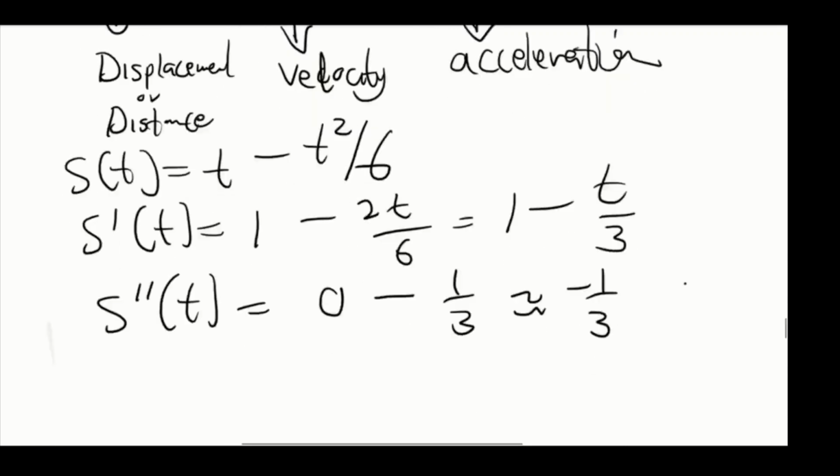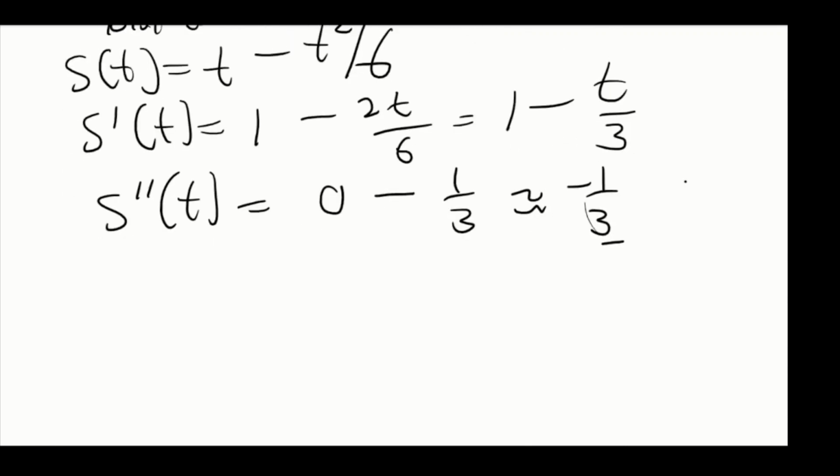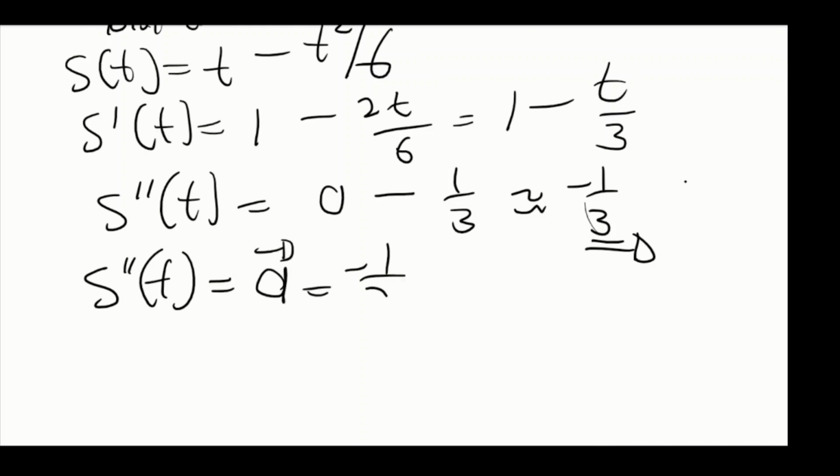So this is the acceleration. The double derivative, which is acceleration, is equal to minus 1 over 3 kilometers per minute squared. So this is the acceleration of the bus.